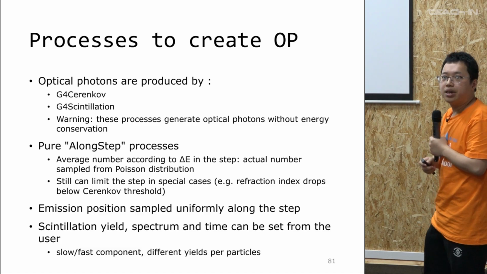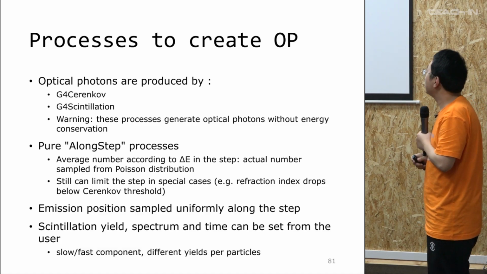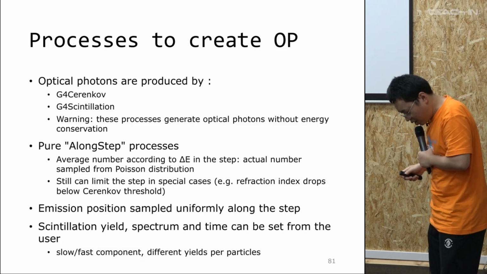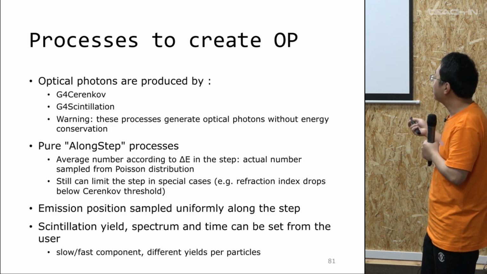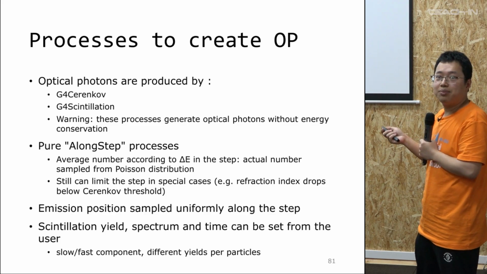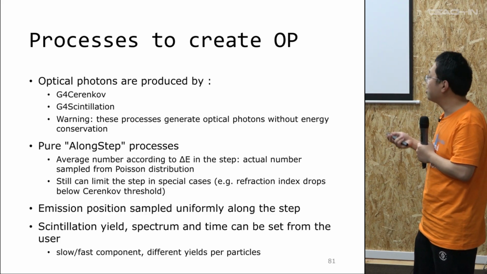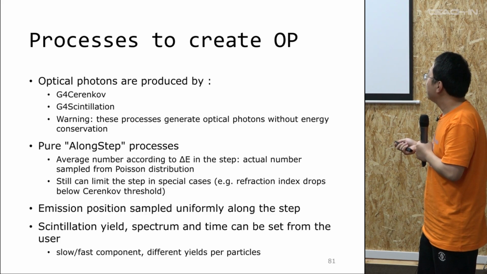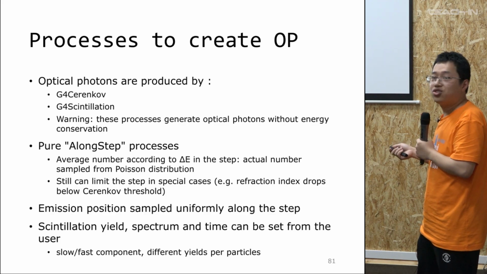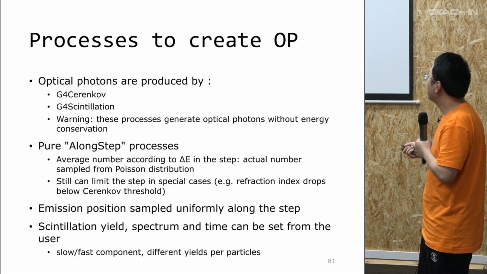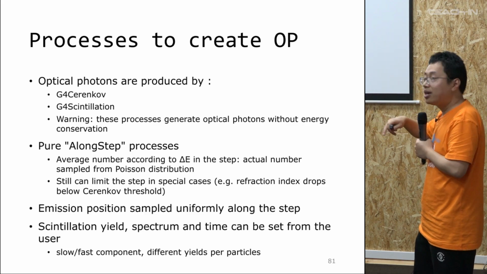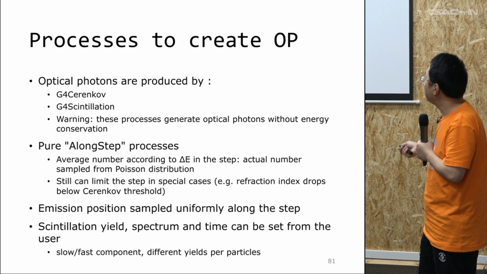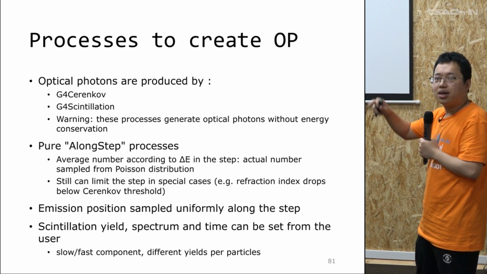To simulate the scintillation photons, we also need to set some additional variables. These variables could come from the experiment, for example the scintillation light yield, the spectrum of the emitted photons, and also the time distribution.